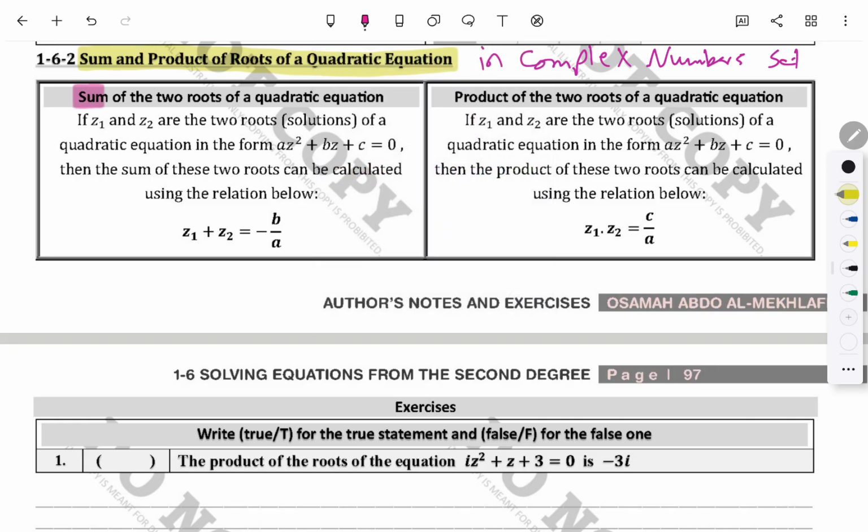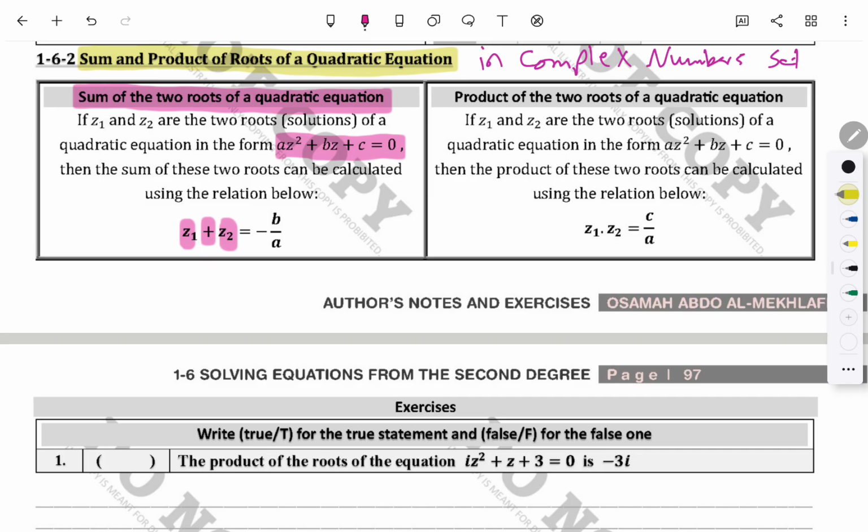The first rule is the sum of the two roots of the quadratic equation. This quadratic equation is az squared plus bz plus c equal to 0. Then you have to focus on the sum, and the two roots are z1 and z2.